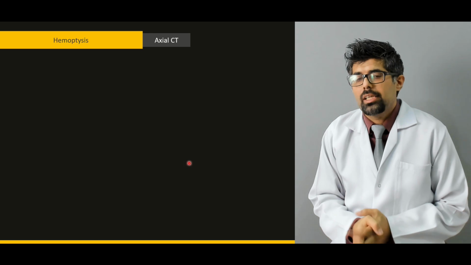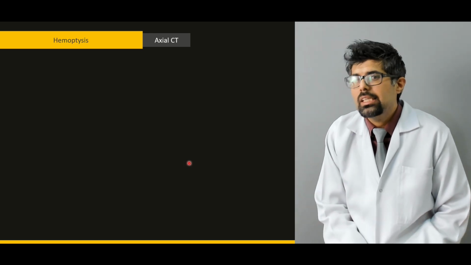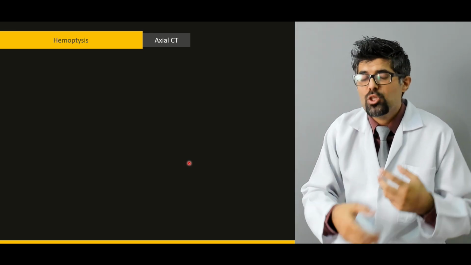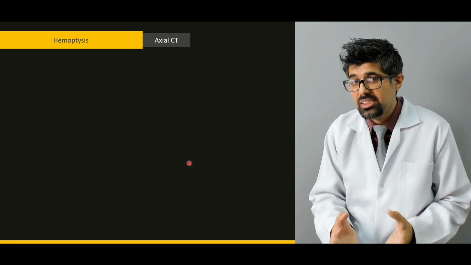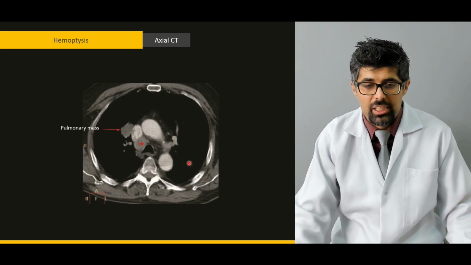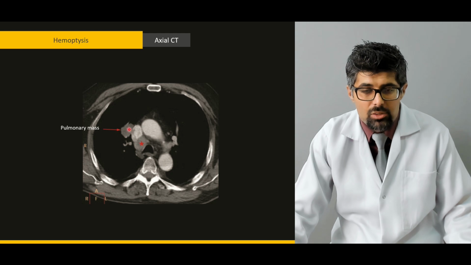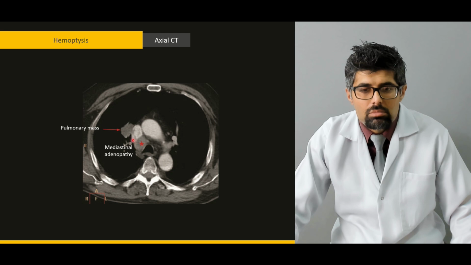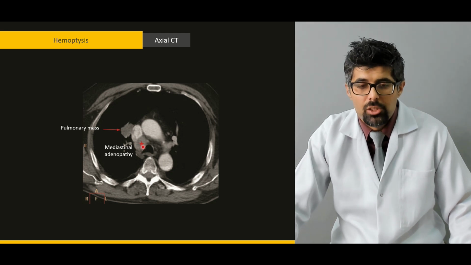Another cause, like I said, of hemoptysis is malignancy, which usually presents as masses on axial CT scans. Now, here is an axial CT scan, and this pulmonary mass on the right lung field is giving mediastinal adenopathy.